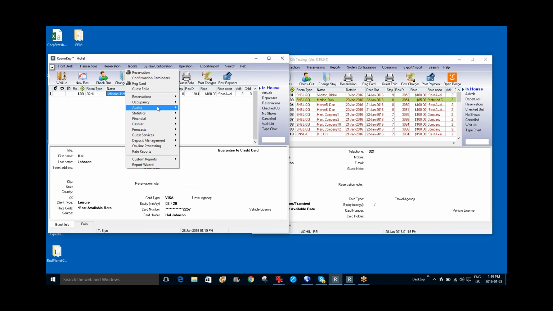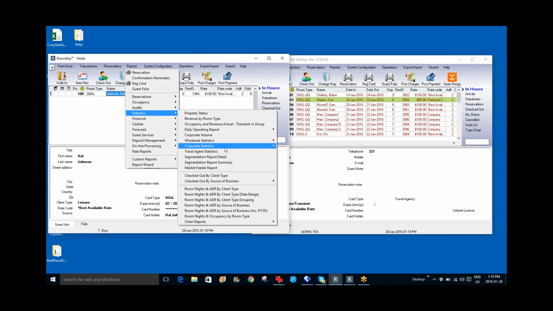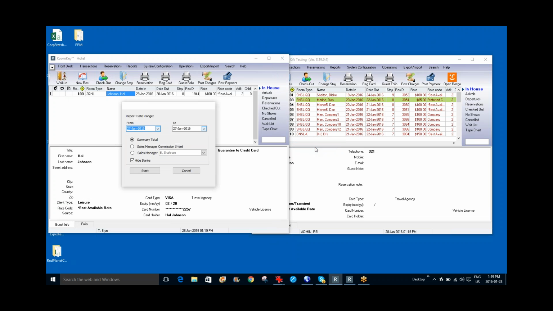On the report statistics, corporate statistics, and the wholesale statistics, both of them, and it's only on the ones by date range, you'll notice that we have a hide blanks checkbox. So any company that is not producing automatically will not show on this report.